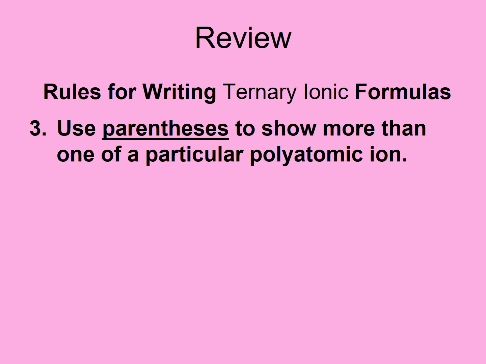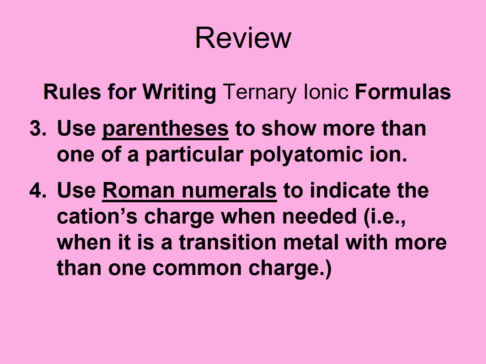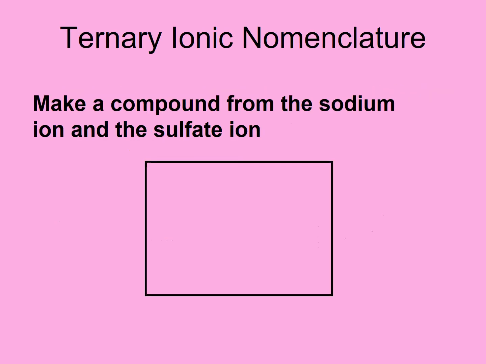So our rules for using polyatomic ions is to write the cation, the positive first, then the anion. We remember that in our formula, the overall charge must equal 0. If the charges cancel in a 1-to-1 ratio, we just write down the symbols, including whatever numbers are included in the polyatomic ion.